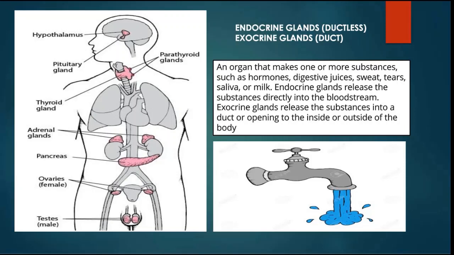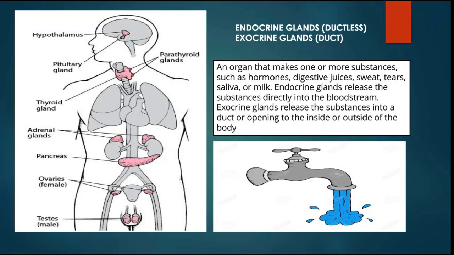The tap releases the water, and the water also has a function. It helps your body, right? So a gland, its function is to make and secrete a hormone. A hormone, we're going to look at the functions of the hormones as we go on with this chapter.